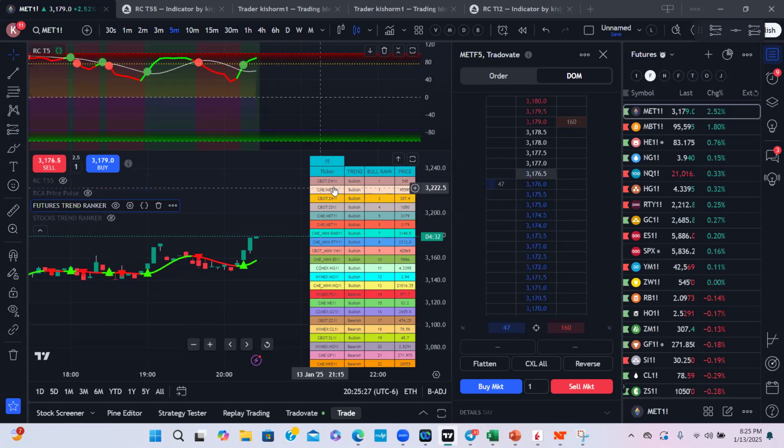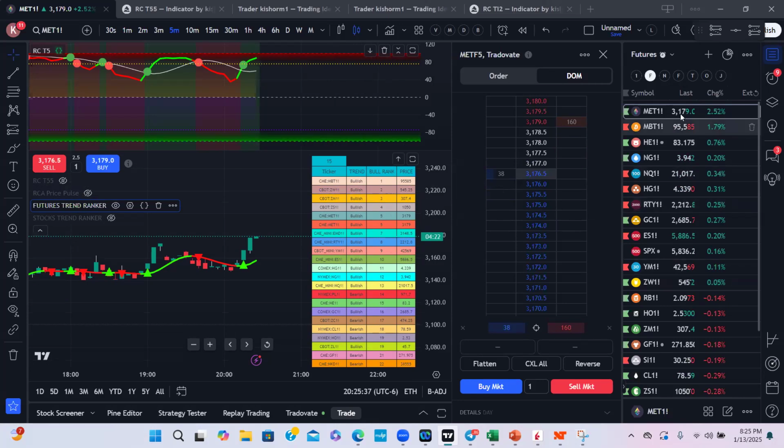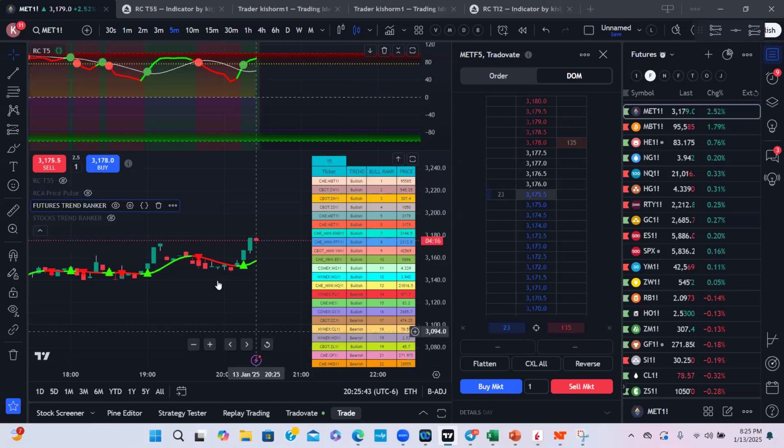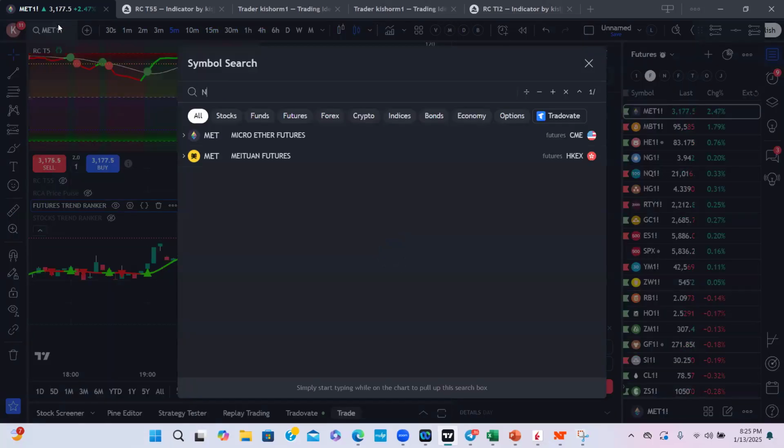Yeah, Bitcoin is number one, Ethereum is number five. Like that, you can focus mainly on Bitcoin today. If you want to take any buy signals, you focus on Bitcoin. If you want to take any sell signals, you focus on NKD. NKD is very bearish.